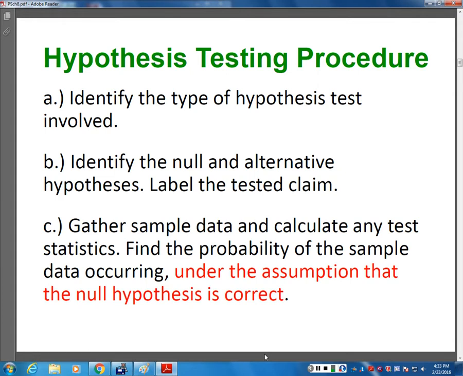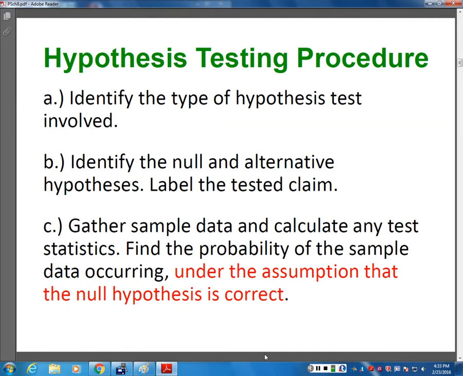We'll read the context to be able to determine the tested claim. Then we'll gather sample data and calculate any test statistics. We'll use that to find the probability of the sample data occurring under the assumption that the null hypothesis is correct. That's the assumption that we are making and trying to disprove using the rare event rule.